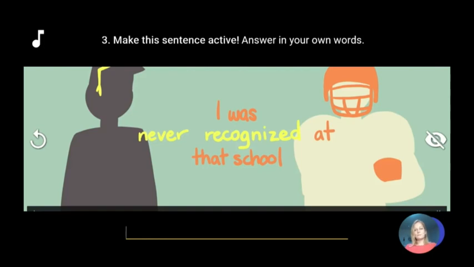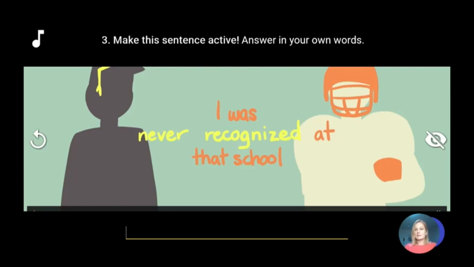The third one, I was never recognized at that school. I hope you noticed that this is a passive sentence. So we should make it an active one. Think about who is the doer. Who does the action?